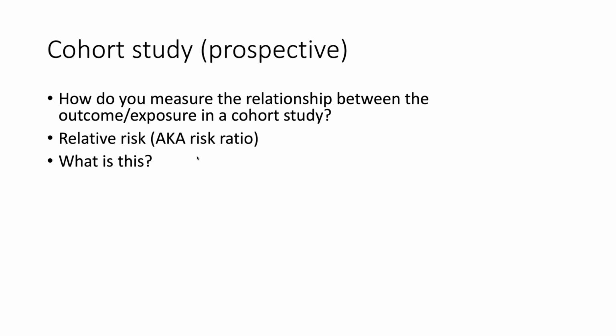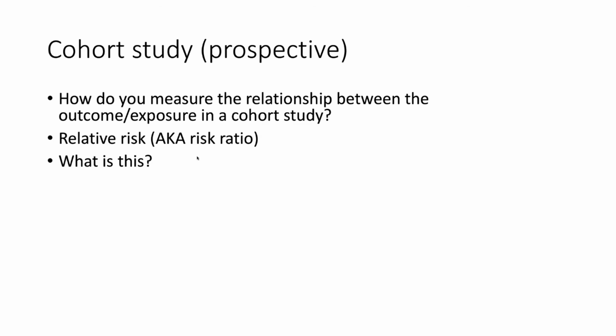So Jasmine, can you tell me what exactly is a relative risk? Would that be... So it would be patients who were exposed to it developed brain disease over patients who were exposed and did not get the brain cancer?